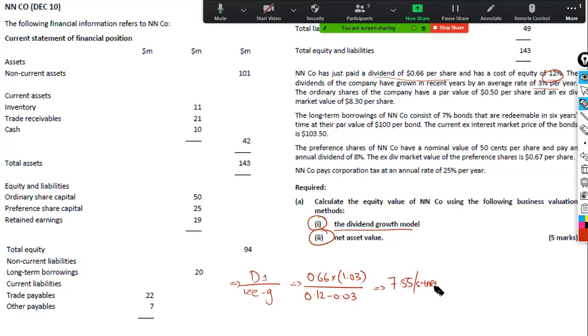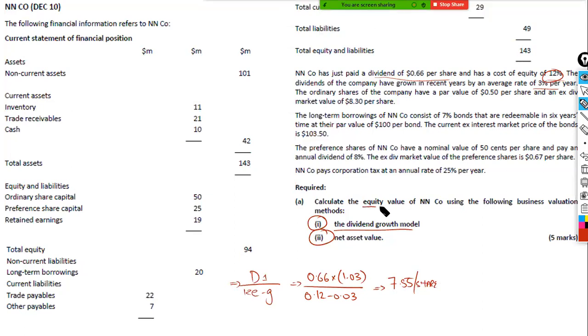As the question states, calculate the equity value of NN company. So it didn't state per share. It wants the total value of equity. You need to multiply by the number of ordinary shares. Total ordinary share capital is 50, and one share has a value of 0.5.